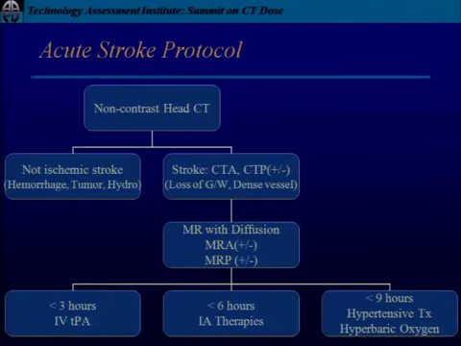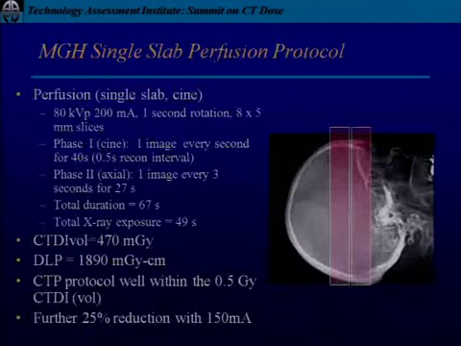Within first 6 hours, and these numbers are not hard and fast, there is a little bit of patient-by-patient variation here. We will do IA thrombolytic therapies or embolectomy, and then after 9 hours, there are very few options available to you. Things like hypertensive therapy, hyperbaric oxygen, and stuff like that.